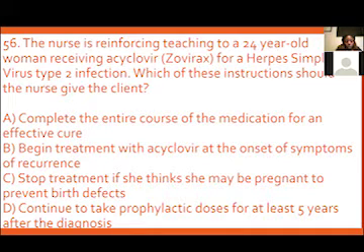Complete the entire course of the medication for an effective cure. Begin treatment with acyclovir on the onset of symptoms of reoccurrence. Stop treatment if she thinks she may be pregnant to prevent birth defects. Continue to take a prophylactic dose for at least 5 years after the diagnosis.